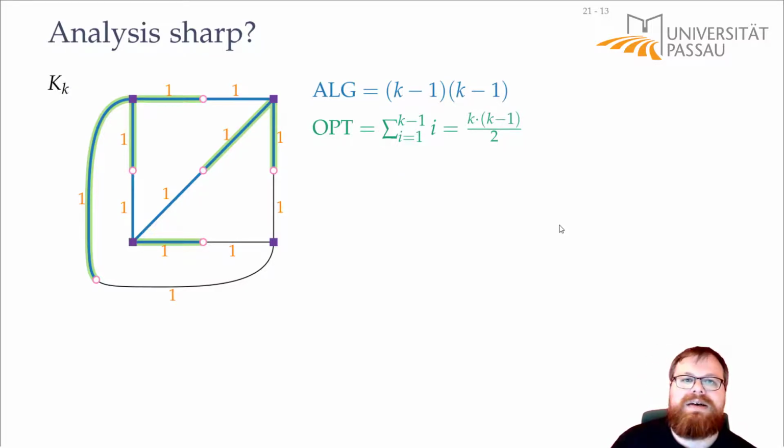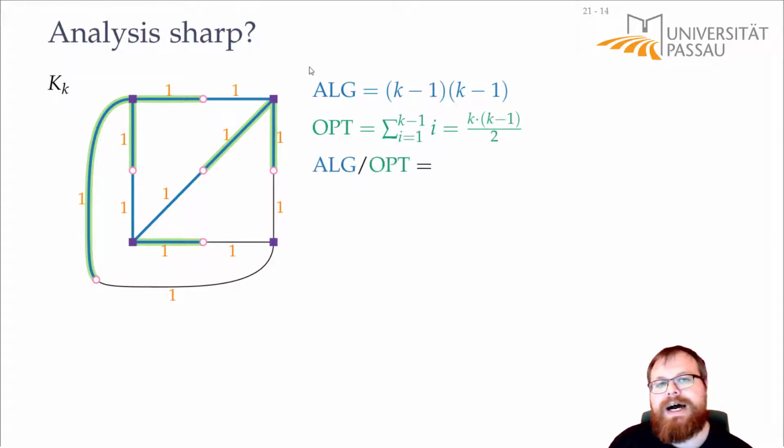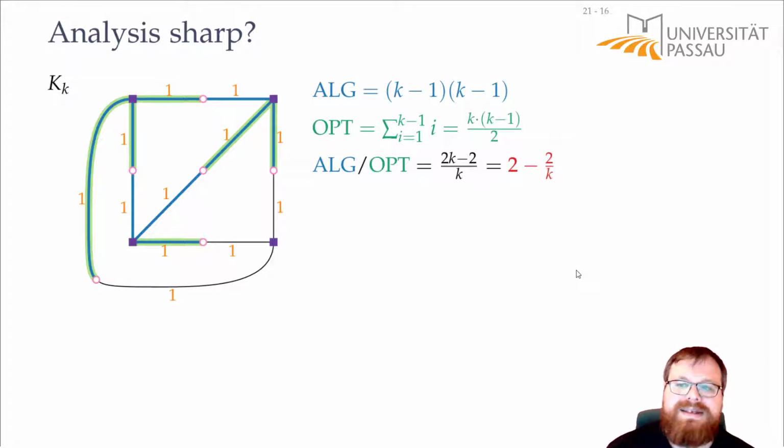And now what is the exact factor we get from these? So we have to divide alg by opt. These 2 here cancel out, and then we get exactly 2 times k-1 over k. And this is the same as 2 minus 2 over k. So for these instances, we really achieve exactly our approximation factor.